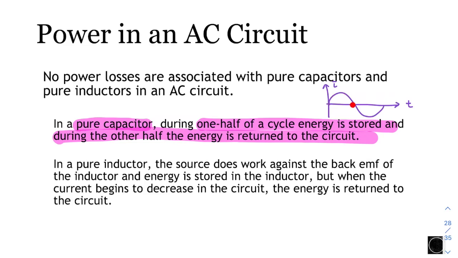This is the first half, energy is stored. When the current reverses direction, because we are talking about AC, alternating, the energy stored within the capacitor will be released to the circuit. That is why there is no power loss in the capacitor.